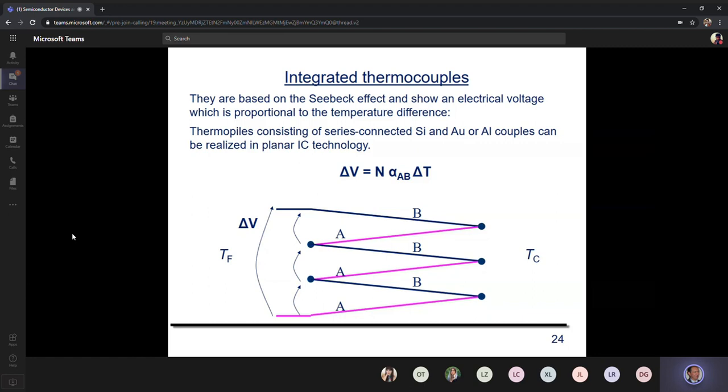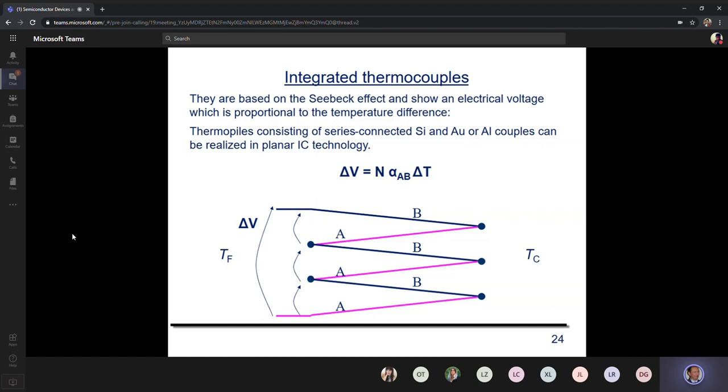For instance, you may have silicon as semiconductor and aluminum or gold as conductor, because these types of materials are easily managed in the integrated circuit technology. So using them, you can easily fabricate a device that belongs to an integrated circuit.